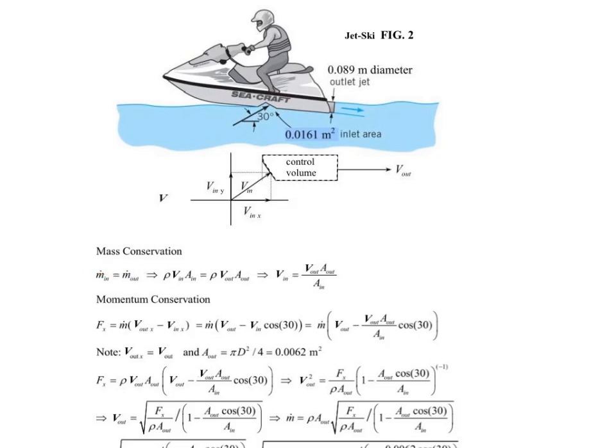So using the continuity relation expanded and noticing that the density does not change significantly, we can get an expression for the inlet velocity in terms of the outlet velocity and the ratio of the two areas, outlet area over inlet area.